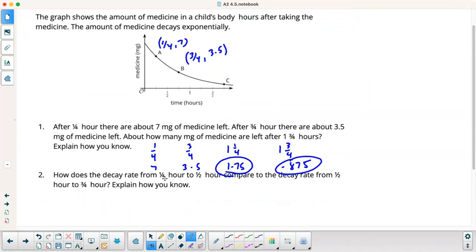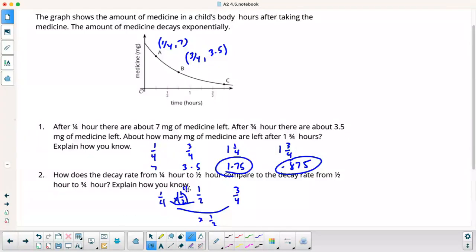So how does the decay rate from a quarter of an hour to a half of an hour compare? So it's half of an interval here. So if from a quarter of an hour to 3/4 of an hour, we times it by 1/2, 1/2 of an hour, this is halfway in between there, you're going to times it by half of this interval.